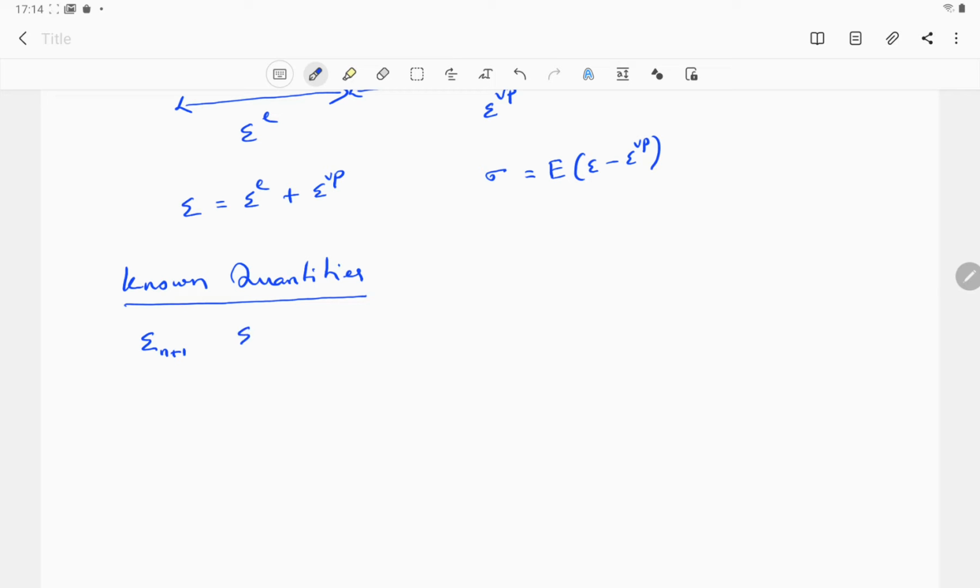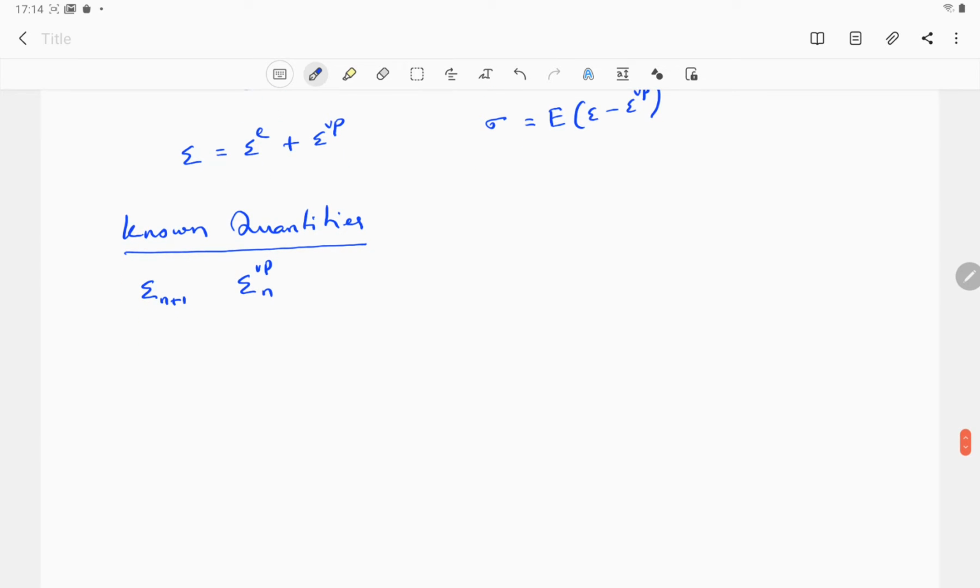And epsilon Vp for the previous state, previous load step, that is known. And yeah, all the other things are known at the nth step, but only at the n plus 1th step the epsilon is known.